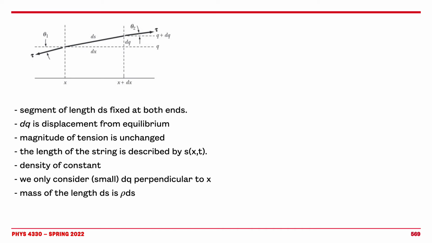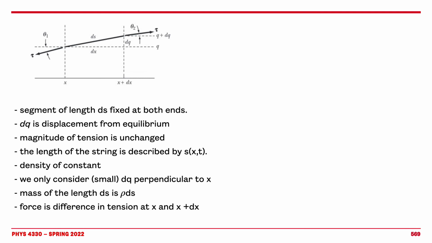What we are going to do now is write Newton's law for that particular element of the string, and we are going to look at the forces on that string. There are two forces that act on that segment: the tension on the left and the tension on the right.